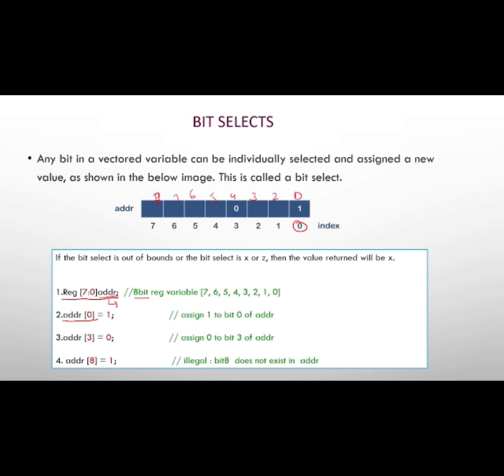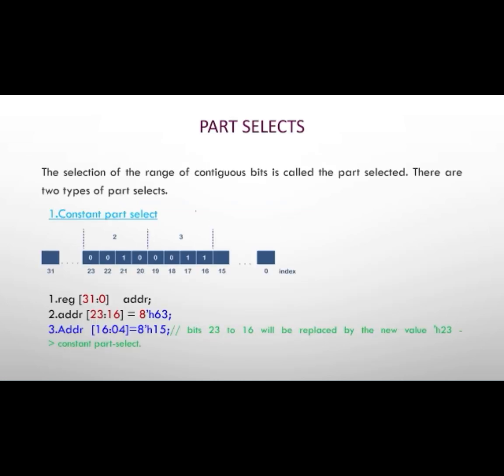In address of 0, what do you want to store? You want to store 1. In the same way, in address of 3, you can store it individually also. Or else, if you want to store it as a group, like 1011 in memory locations 0 to 3, you can do it by using part select.